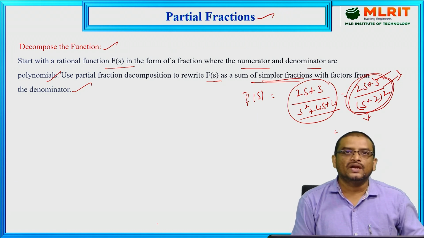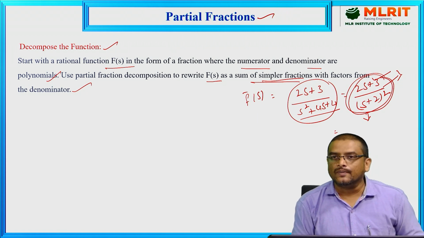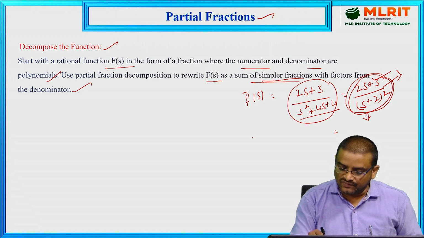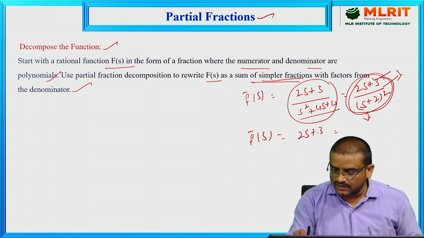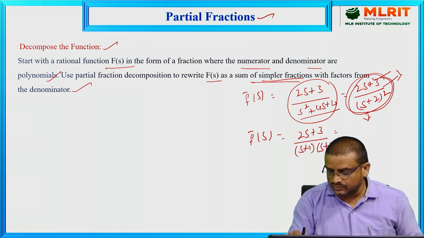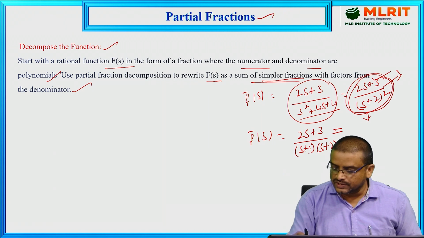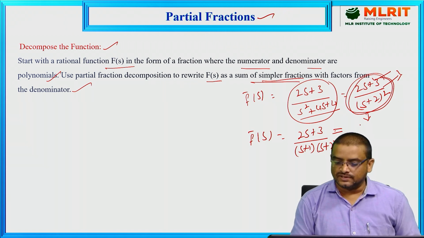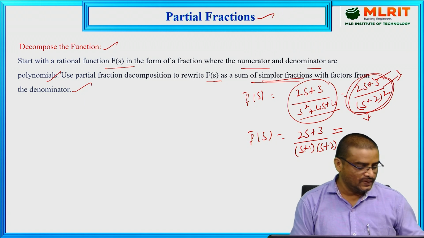Now here we have different types of denominators. Suppose the denominator has linear factors, for example f bar of s is equal to 2s plus 3 by s plus 1 into s plus 2. Now our task is to convert this function into partial fractions. How can you convert this? We will discuss.